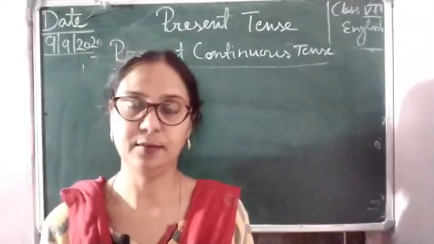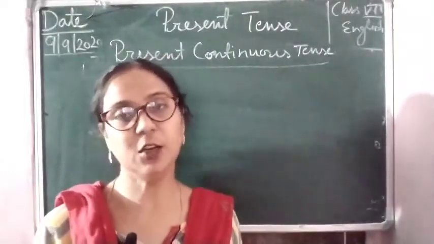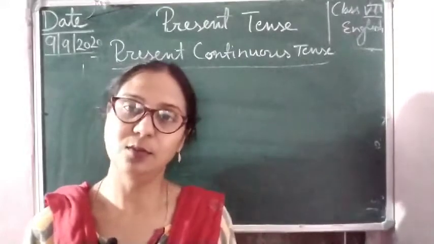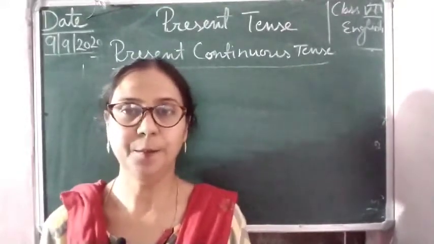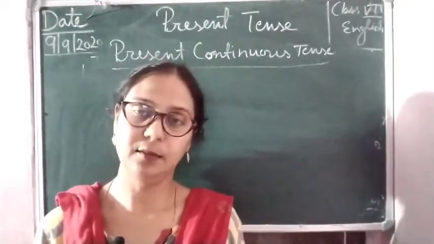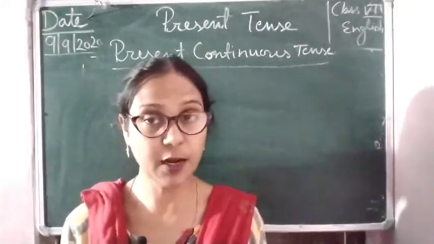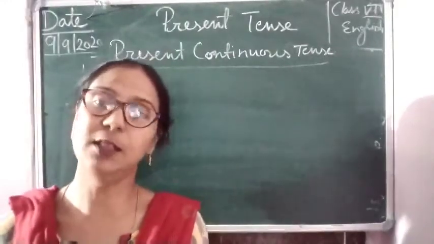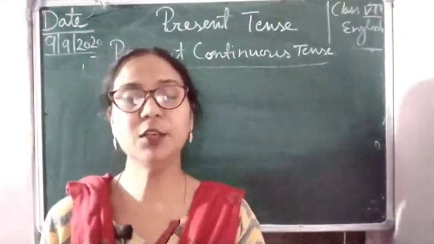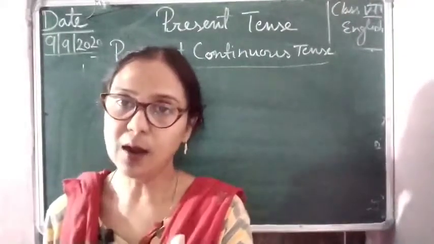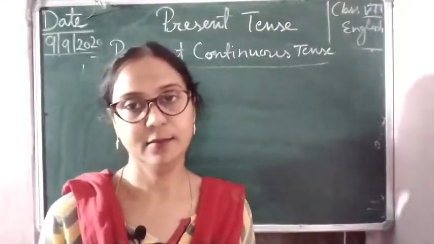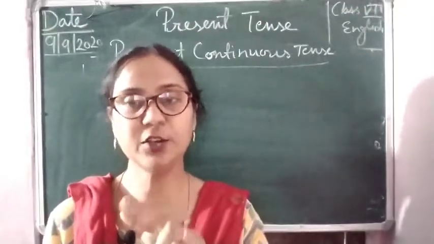For example, if I am teaching you, so this is a very correct example. From this example you can understand what is going on in the class. I am teaching you and you are learning. So this is the continuous motion.